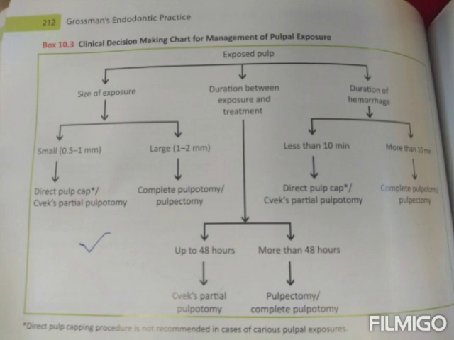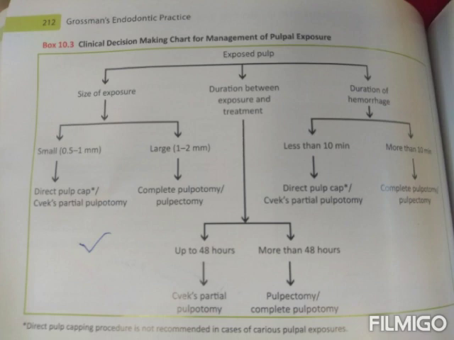Duration between exposure and treatment, that is up to 48 hours, Cvek partial pulpotomy is done. More than 48 hours, pulpectomy or complete pulpotomy procedure is done. Duration of hemorrhage, that is less than 10 minutes, go for direct pulp capping or Cvek partial pulpotomy. More than 10 minutes, go for complete pulpotomy and pulpectomy.